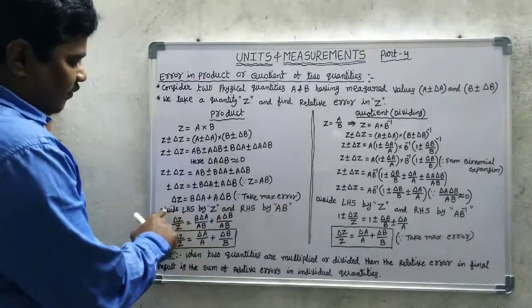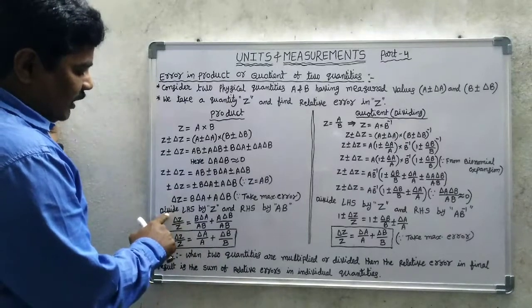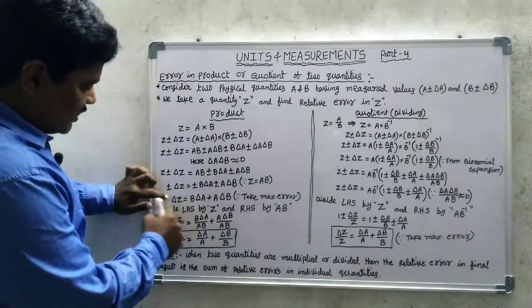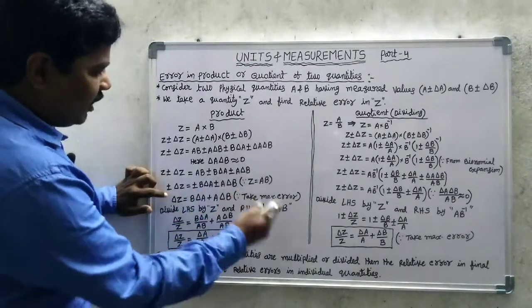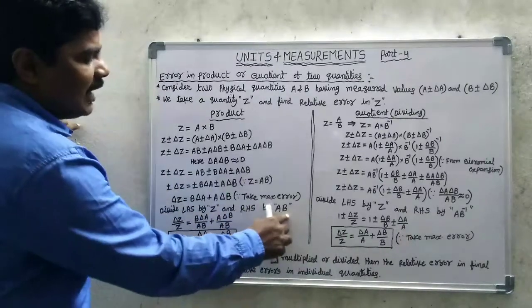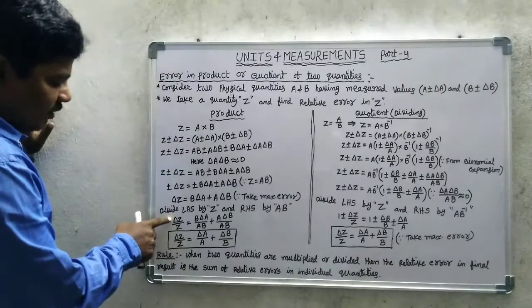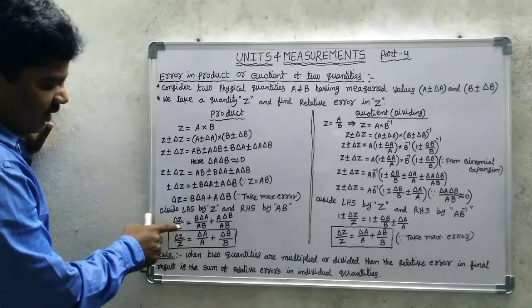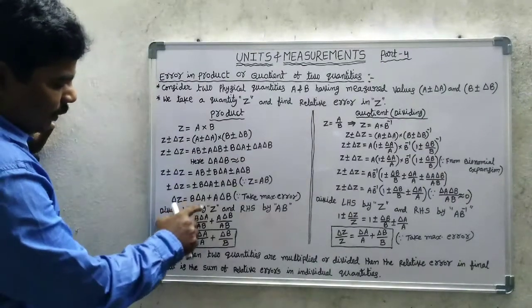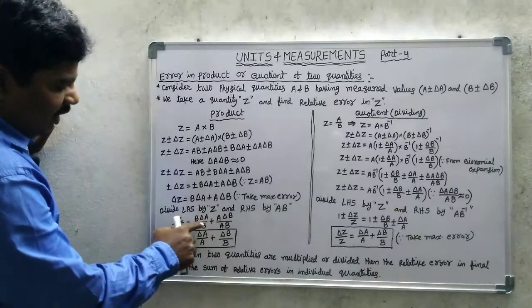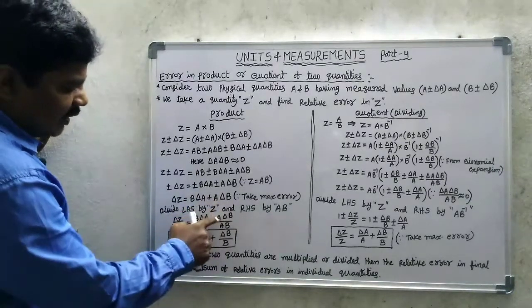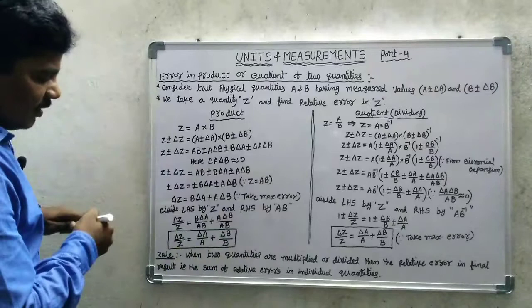Now for relative error, divide LHS by Z and RHS by AB. Why? Because Z is equal to AB. Then we get delta Z by Z is equal to B delta A by AB plus A delta B by AB.